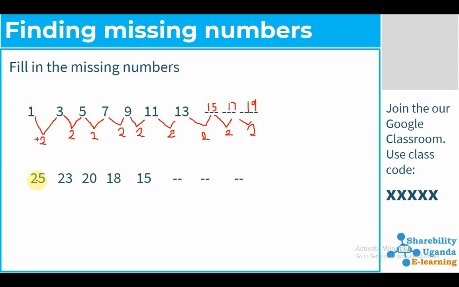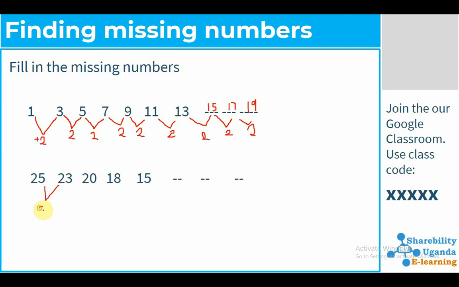Then you can also see our next number. This next number of ours is reducing. That means they are applying some subtraction. So we are going to look and see from 25 to 23, which number was subtracted for them to come to 23?